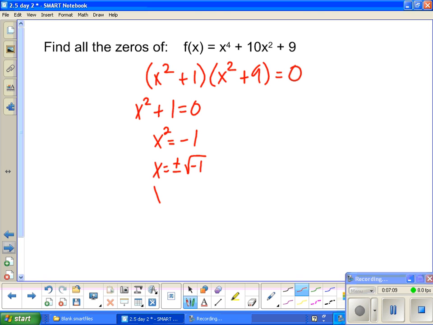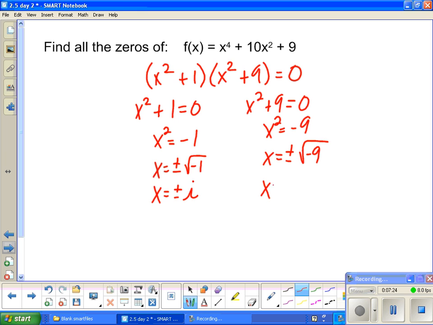Square root of negative 1 is i. Do the same thing for the x squared plus 9. Subtract 9. Take the square root of both sides. Square root of 9 is 3. Square root of negative 1 is i. In this case, I have 4 imaginary zeros.